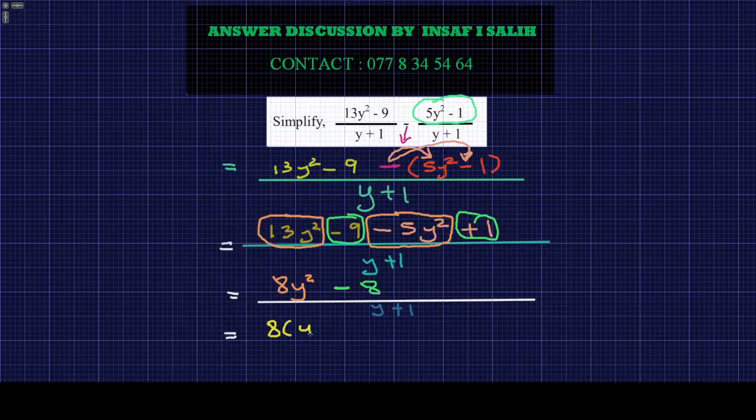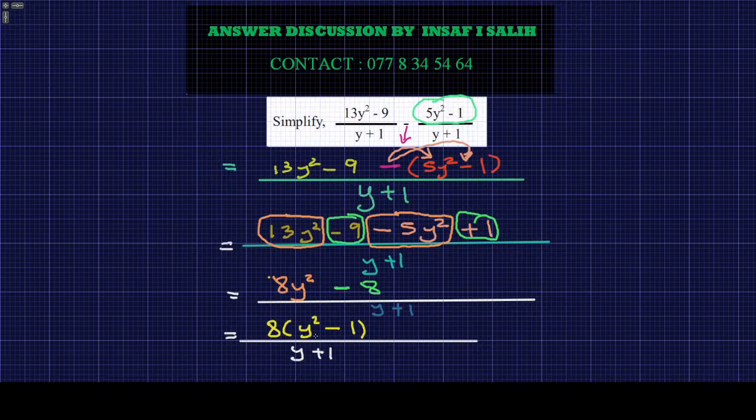Y squared. 8 times y squared is 8y squared, minus 8 times 1. So when we factorize 8y squared minus 8, what is the factorized form? It is 8 times y squared minus 1. And comes the denominator, the same denominator which we have been writing all this time, y plus 1.